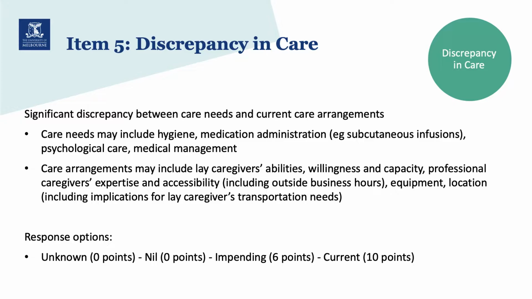Item 5, discrepancy in care. So significant discrepancy between the patient's care needs and their current care arrangements. So the patient's care needs might include hygiene, washing in bed and toileting, etc., medication administration, including subcutaneous infusions and subcutaneous PRN doses, psychological care and medical management.